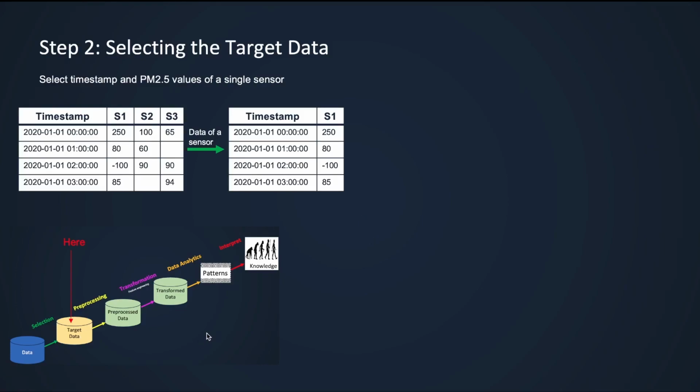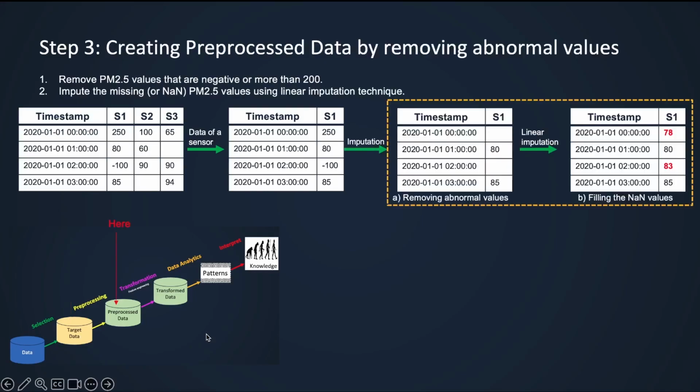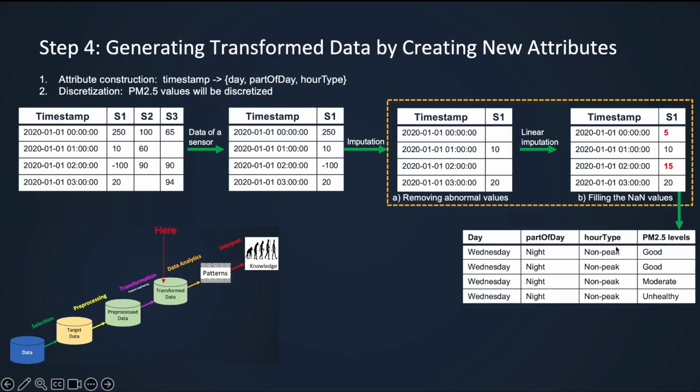Next, we perform pre-processing on the target data by removing abnormal values and replacing the missing values using the linear imputation technique.